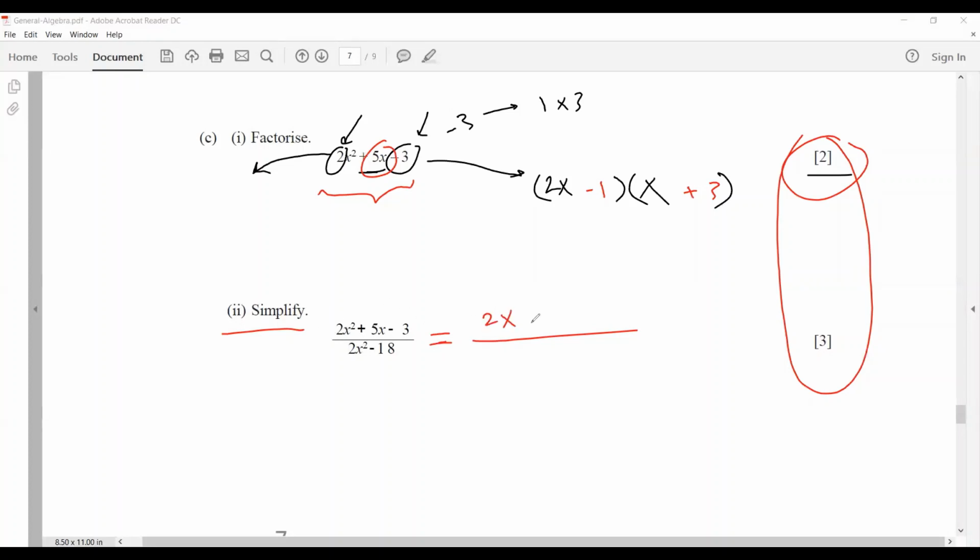So in the numerator, I'm gonna put 2x minus 1 times x plus 3. In the denominator, I'm gonna take out 2. That's the only thing I can take out, right? And I'm left with x squared minus 9.